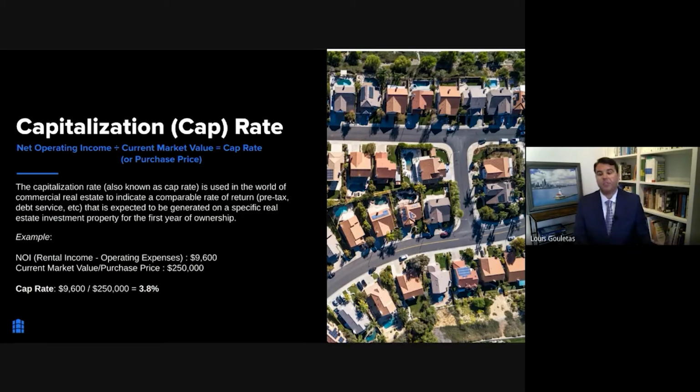That might be a much better total ROI at the end of the day than a cap rate that is higher, because the longer you hold it, the less valuable the cap rate is going to be, because that was just the first year. So if it's 20 years from now, it could be a completely different market, and the building could be in a very different shape than it is now, especially if you didn't upgrade the roof or keep up with repairs, things like that.